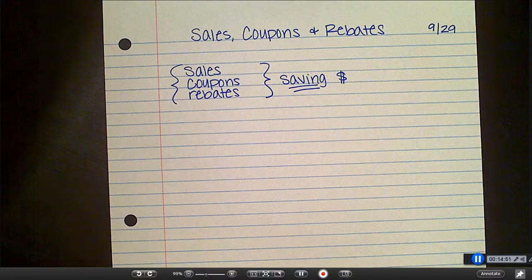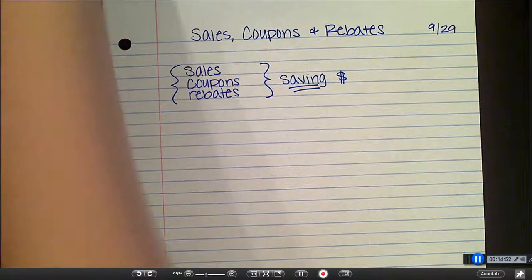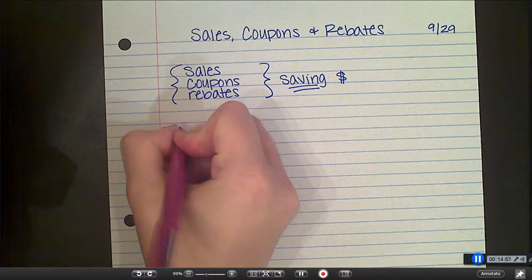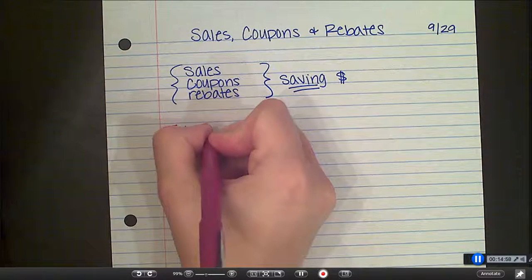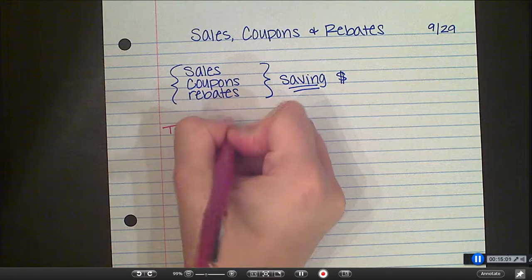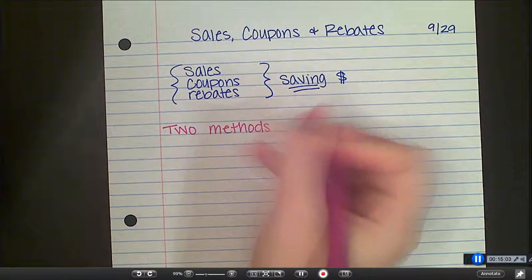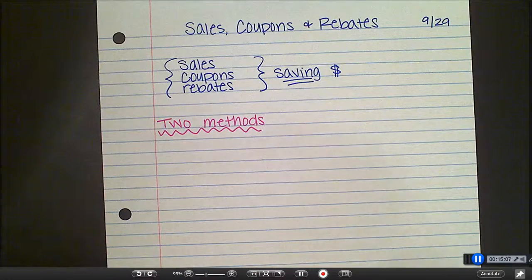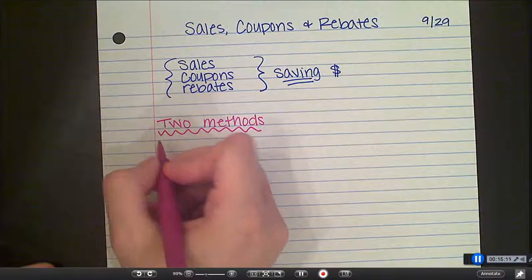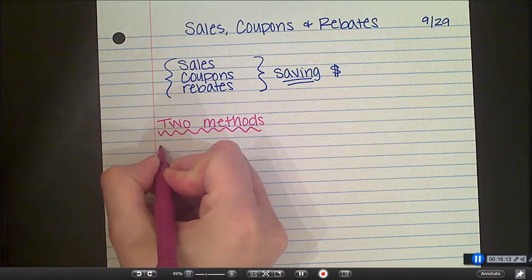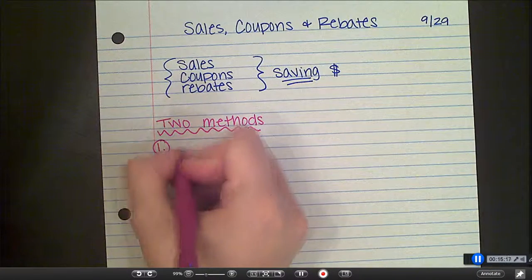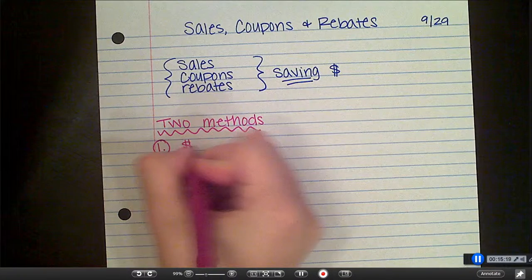And there are two, let's write this in a different color, methods that we can use to save money with sales, coupons, and rebates. So the first way is with dollars off.